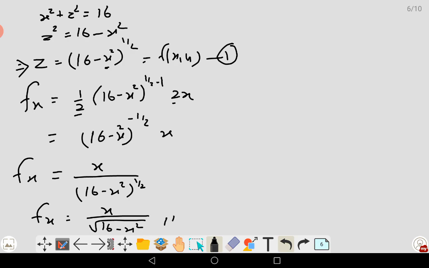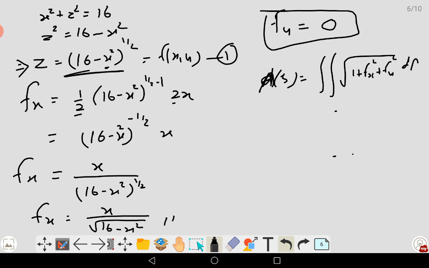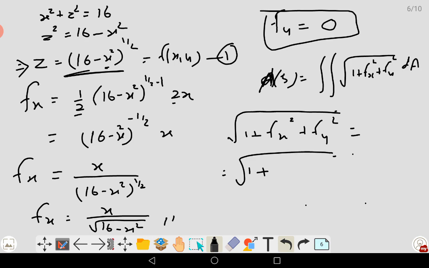Now what is fy? There is no y, so it is 0. Obviously the formula of area of S is equal to double integral square root of 1 plus fx whole square plus fy whole square dA. Now find the term square root of 1 plus fx whole square plus fy whole square, which is equal to 1 plus what is fx?